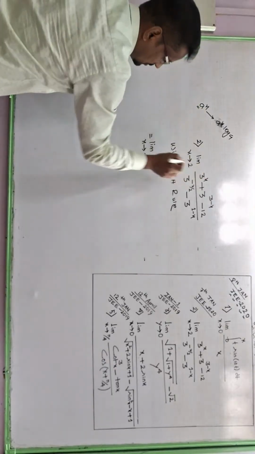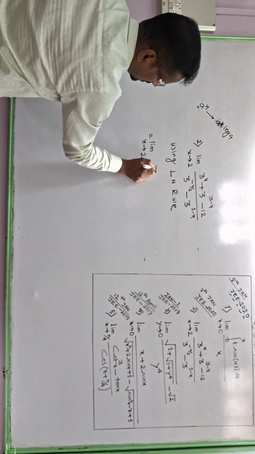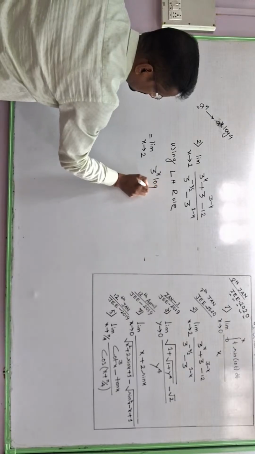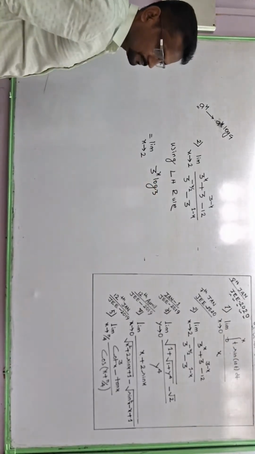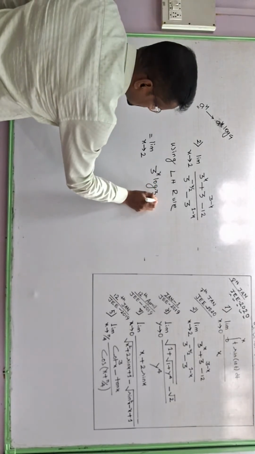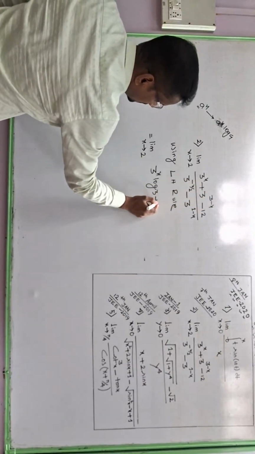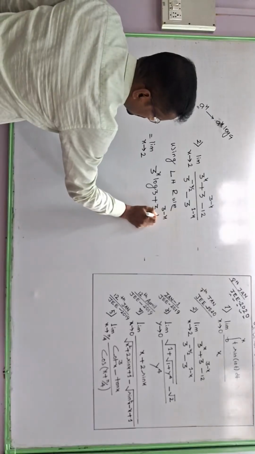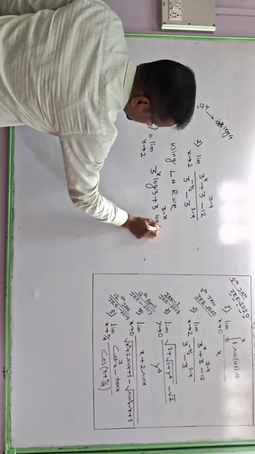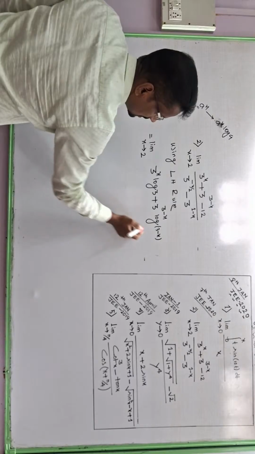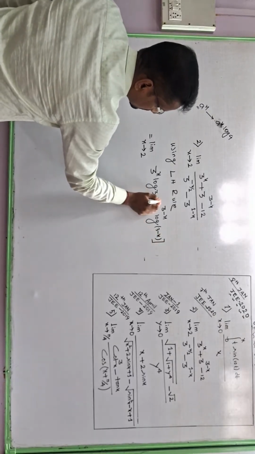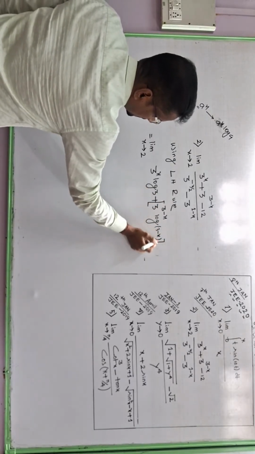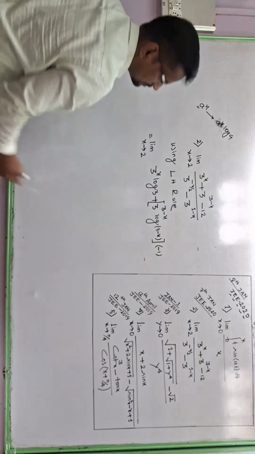So 3 to the power x gives 3 to the power x log of 3, plus again 3 to the power 3 minus x gives 3 to the power 3 minus x log of 3, and for 3 minus x, negative 1 will come.